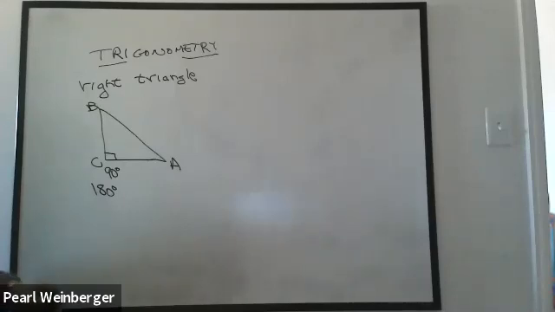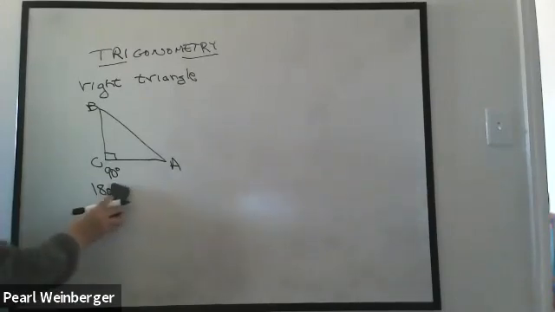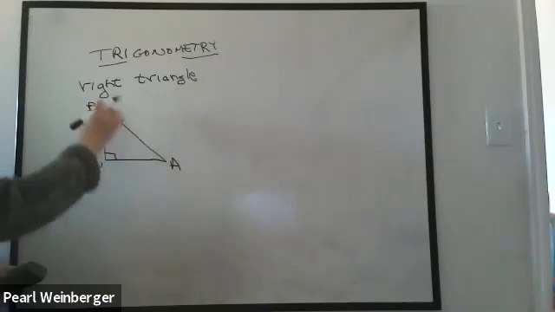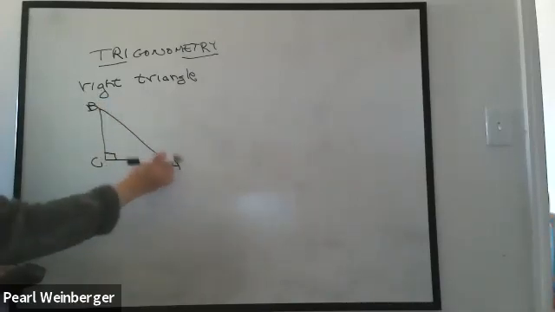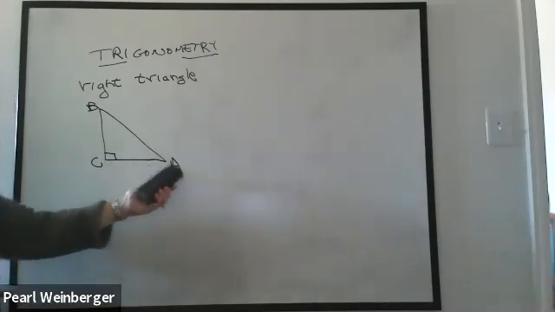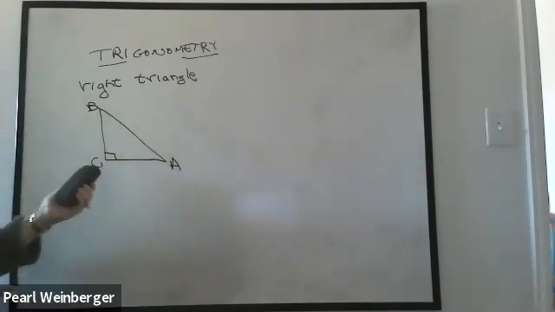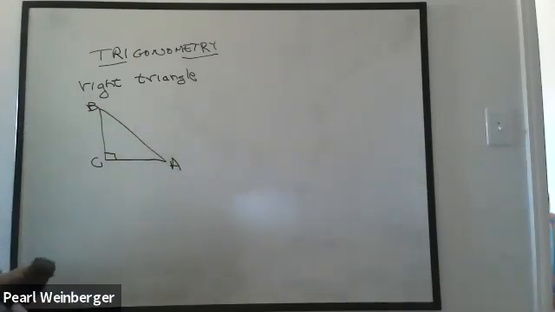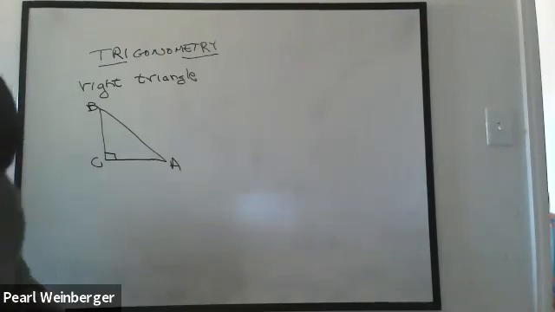Now, we said that we're using capital letters at each of the vertexes, or the corners. That's to give a name to the angle. I can talk about angle A, angle B, angle C. But aside from the angles, the triangle also has three sides.